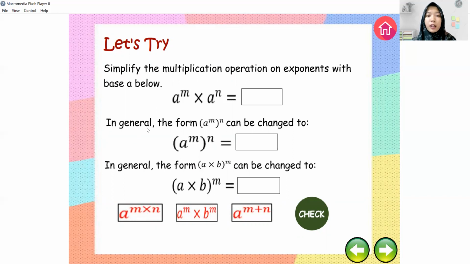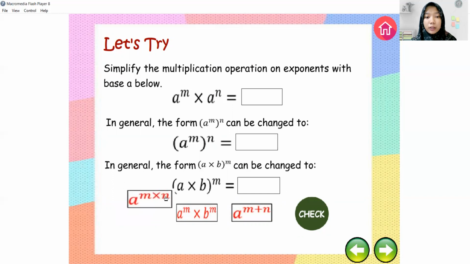Simplify the multiplication operation and exponents with base a below. In general, the form a to the power of m in bracket to the power of n can be changed to. In general, the form of a times b in bracket to the power of m can be changed to. So in this activity, students can drag and check.